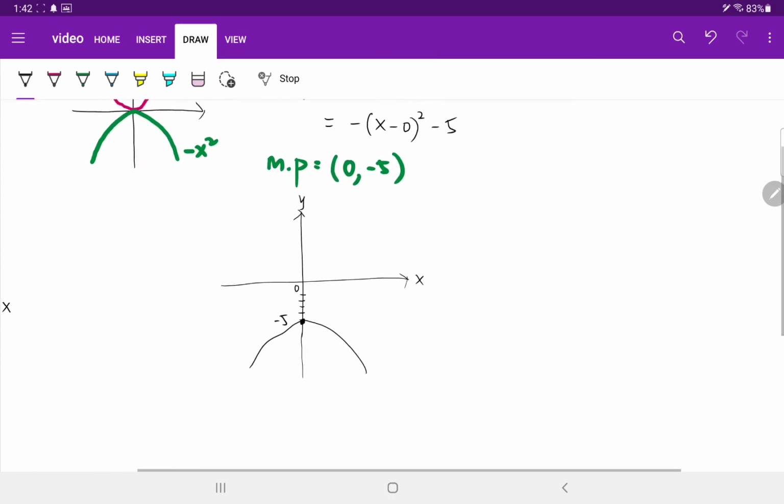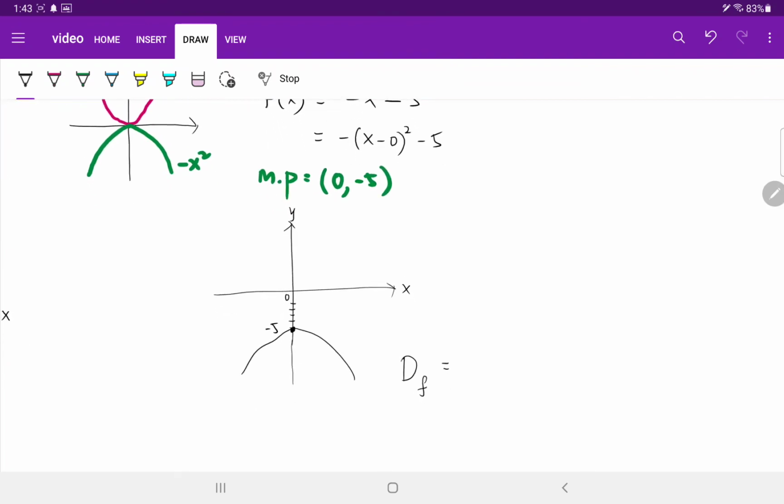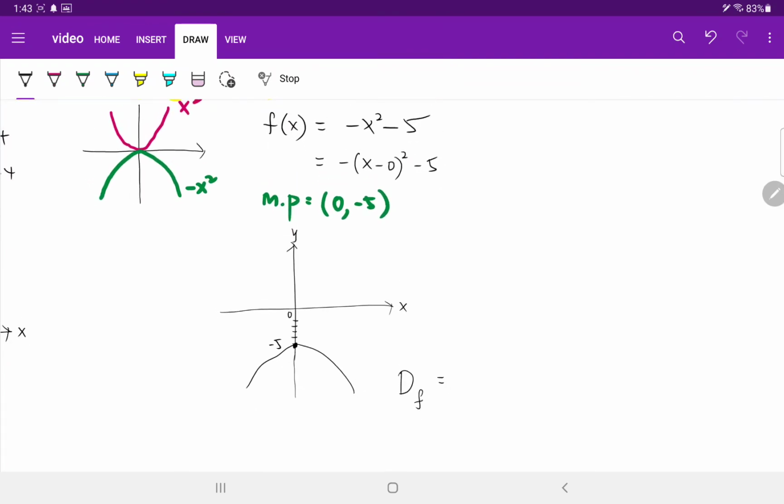From this graph also, let's say you are asked to find the domain of this function. For quadratic functions, all real values can be substituted. So for the domain, you can say negative infinity to positive infinity. Then what about the range? The range of this function, how do you read it?